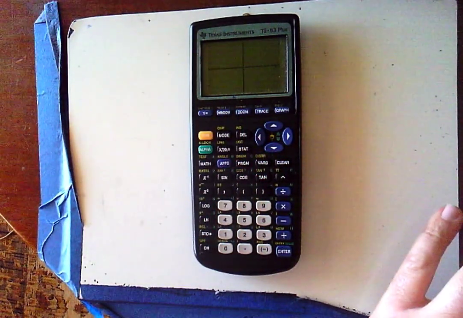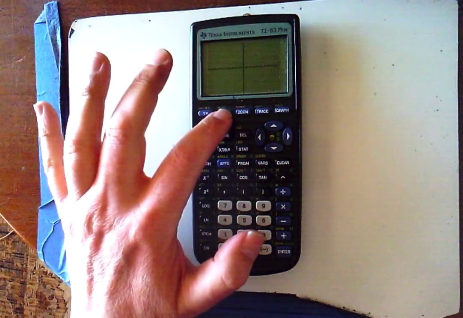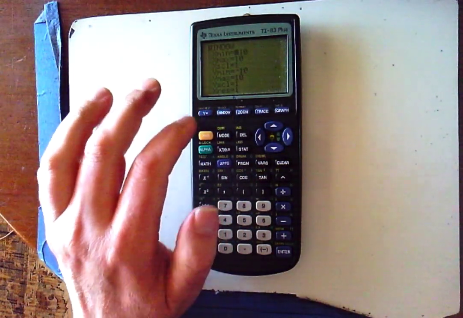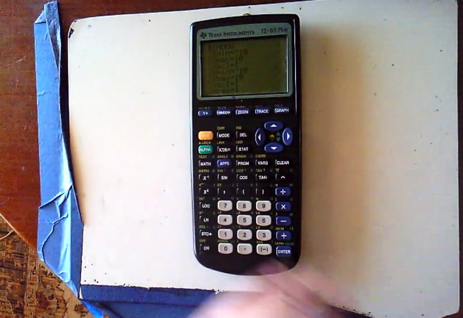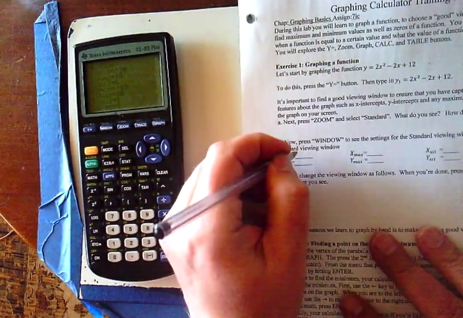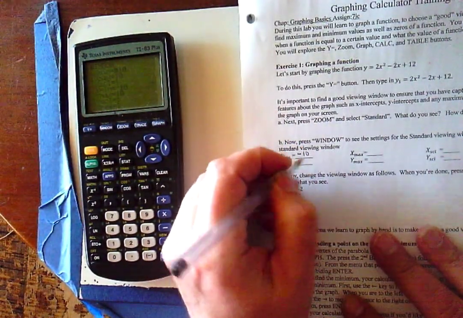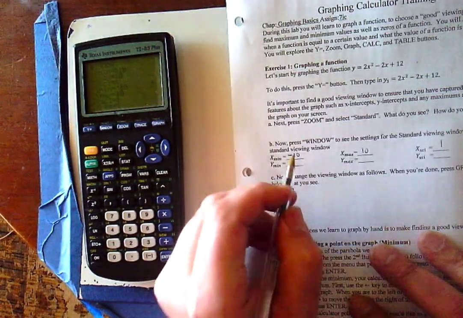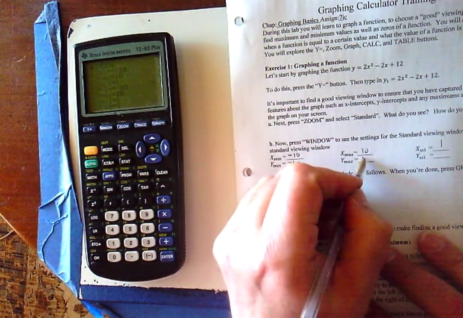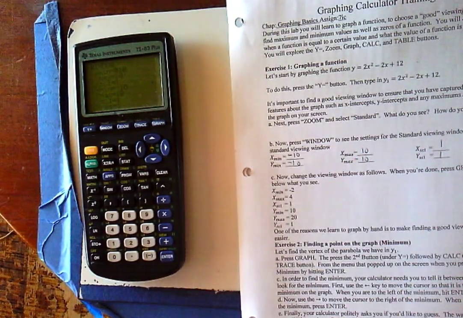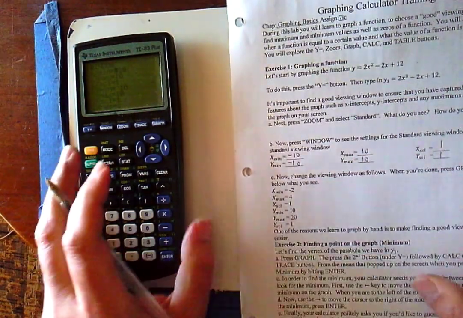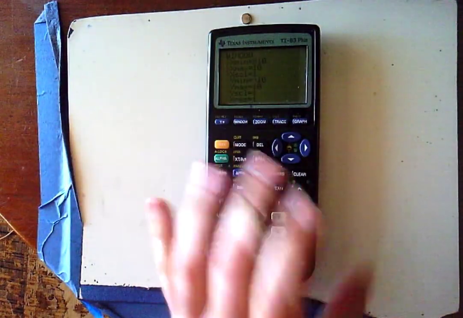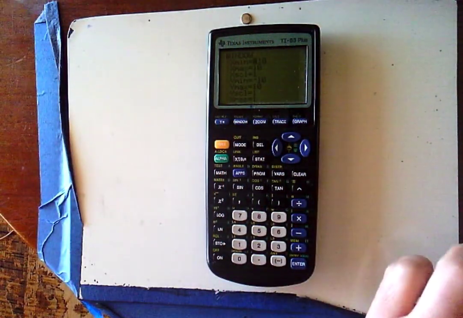Well, if we go to Window to see the settings for the standard viewing window, I notice the standard viewing window is -10 to +10 with a scale of 1, -10 to +10 with a scale of 1. That's what the viewing window is for Zoom Standard: 10 to the left, 10 to the right, 10 up, 10 down.